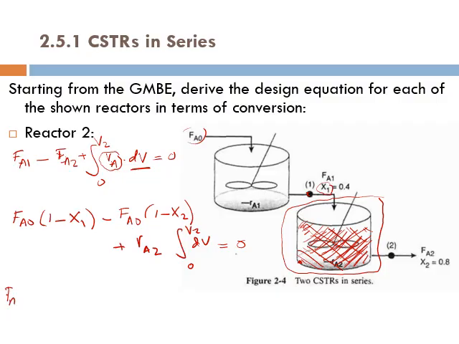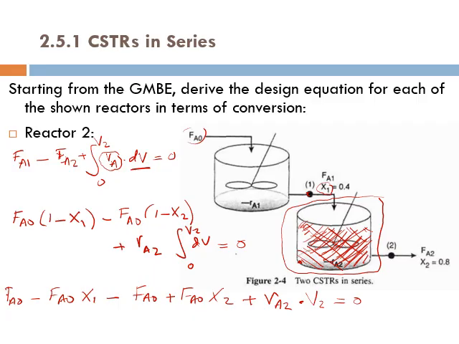We have FA0 minus FA0 x1 minus FA0 plus FA0 times x2, plus RA2, the rate of reaction inside reactor 2, times the integration of dV, which is V, evaluated from 0 to V2, that is V2, equals 0.